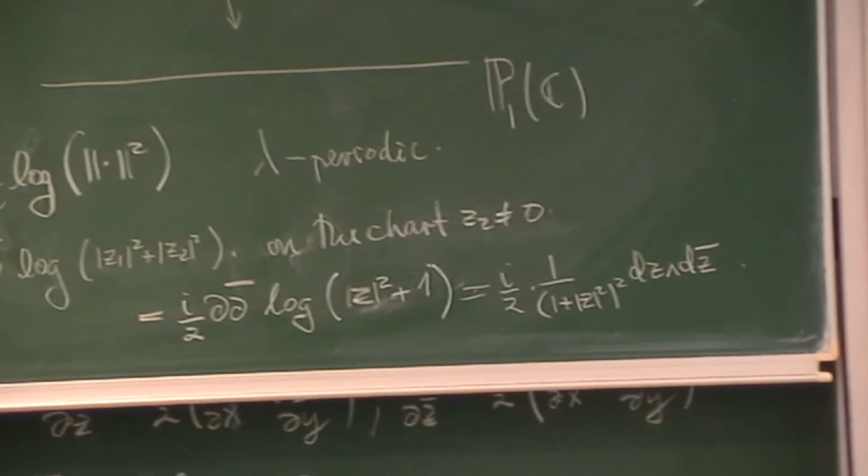You try anything else, it doesn't work. If you try any other function of the norm, it will not kill the lambda multiplication. That is the standard metric on the two-sphere.